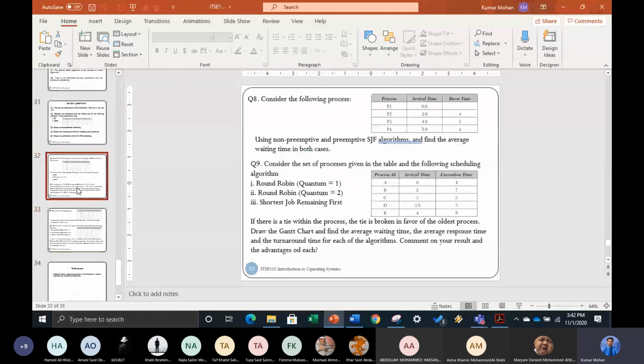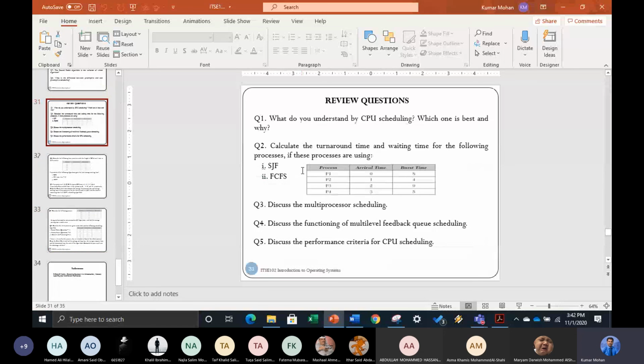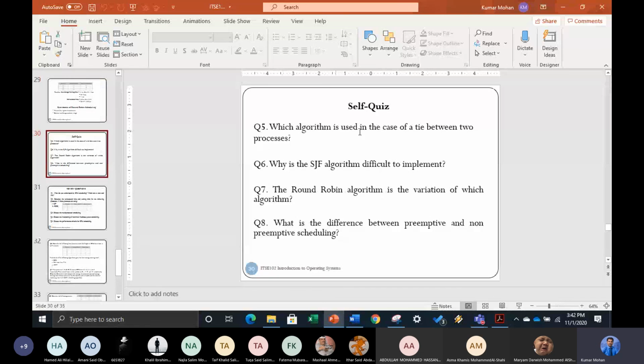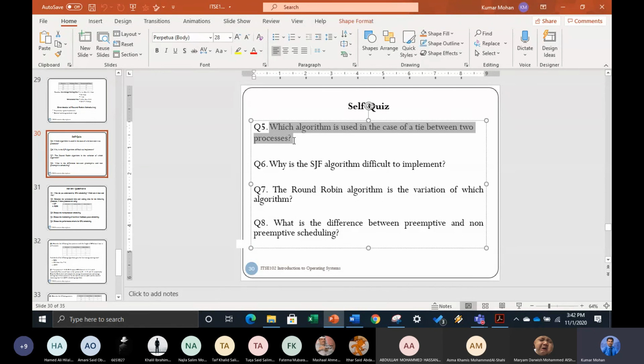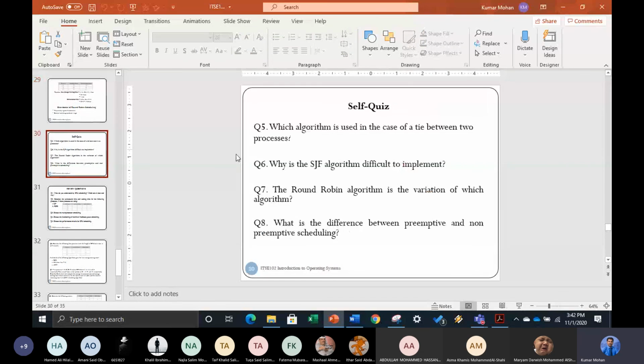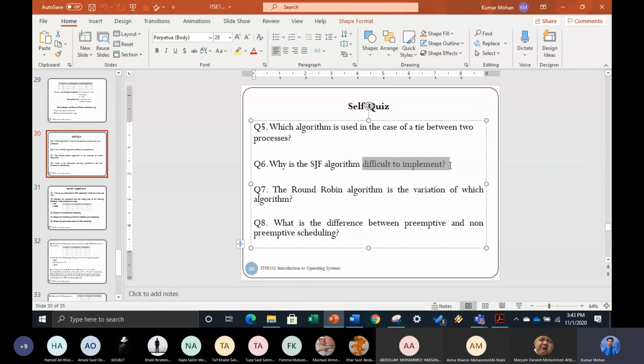See here, all these scenarios, just go through these review questions and this self quiz. Which algorithm is used in the case of a tie between the processes? Why is the SJF algorithm difficult to implement? The round robin algorithm is a variation of which algorithm?